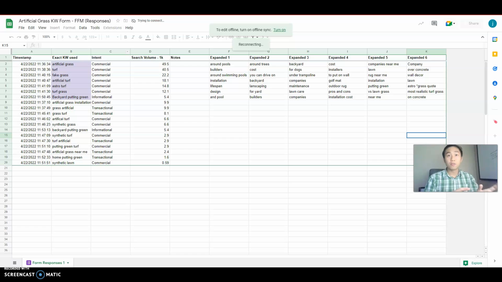And it's the same thing when it comes to a little bit more specific stuff. Like, for example, artificial grass. Let's say we have a lead generation website about artificial grass. Okay?